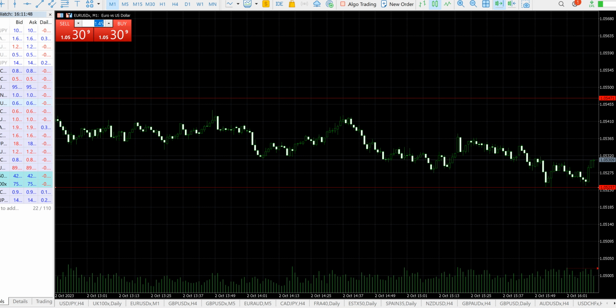It doesn't really look like the pullback is working out desirably. It's kind of whipsawing around, so I do need to see something. I need to see a better reaction than this. I'm gonna wait for another pullback.